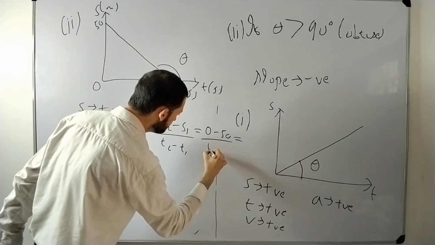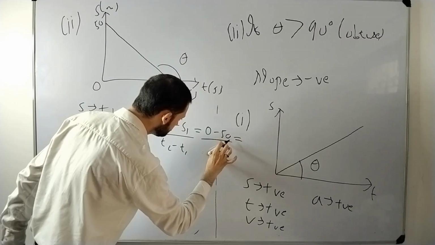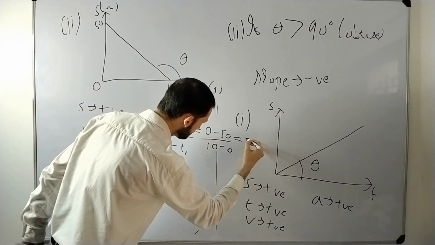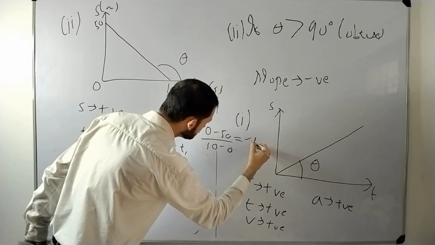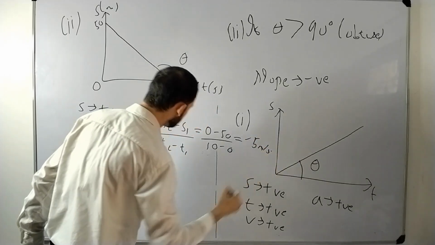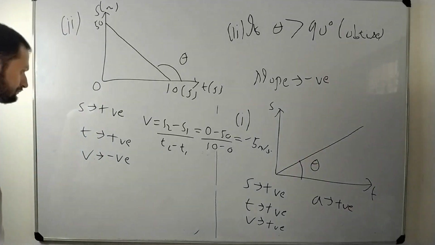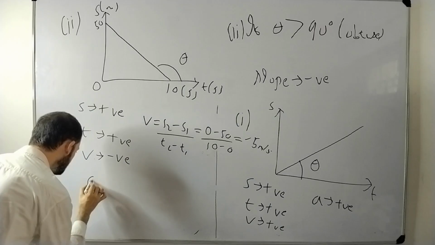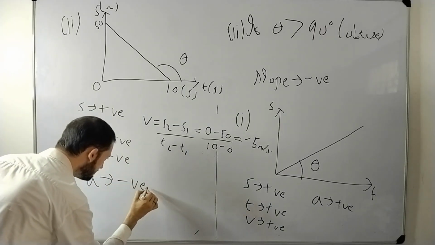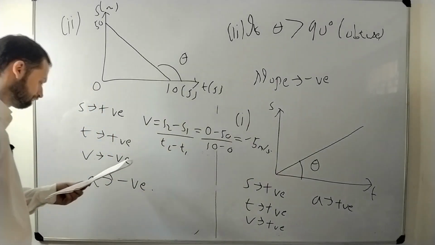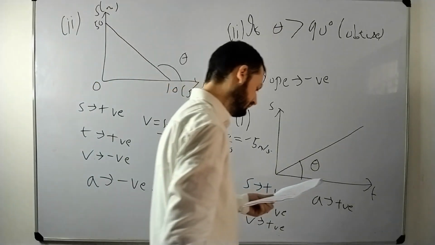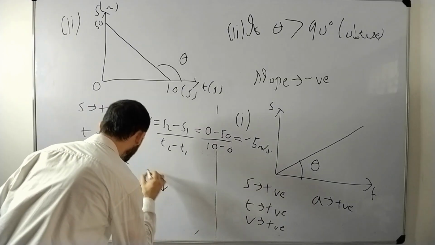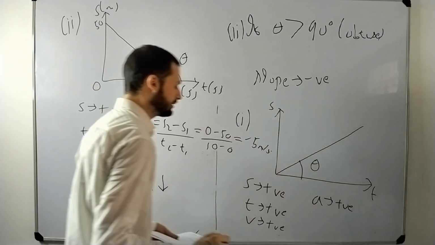So this is minus 5 meter per second. Okay, so you see velocity coming out to be negative. Then acceleration happens to be negative since velocity is negative. So what we should say? That acceleration is decreasing as velocity is increasing for a straight line.